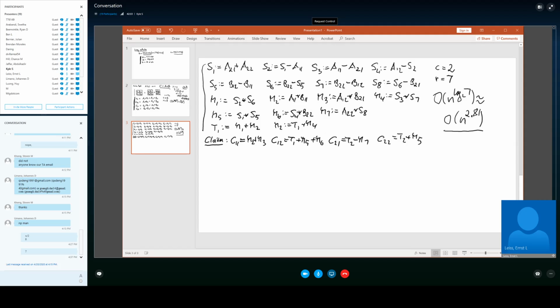And in fact, this algorithm, which is due to a German mathematician by the name of Victor Strassen about 40 years ago, is eminently practical if n is greater than 50.